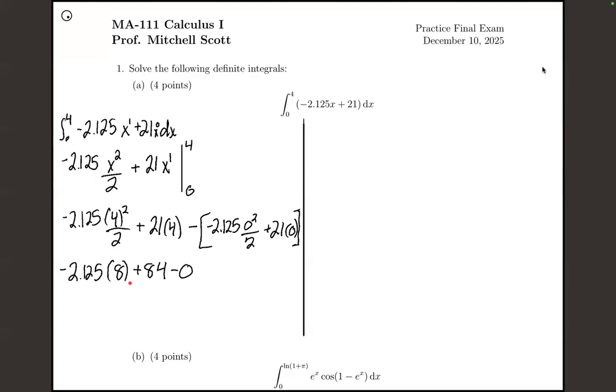And if you notice, 0.125 is actually 1/8, a fraction, right? So we can rewrite this as 8 times 1/8, that's 1, plus 84. And if you do some quick addition, you realize that this answer is going to be 85.